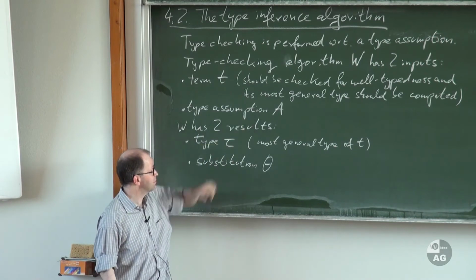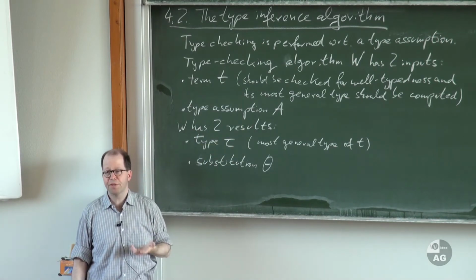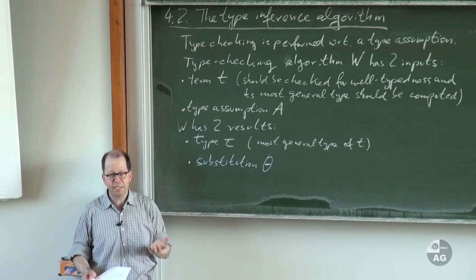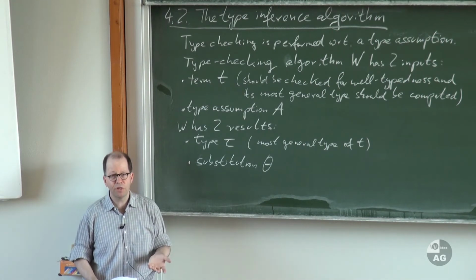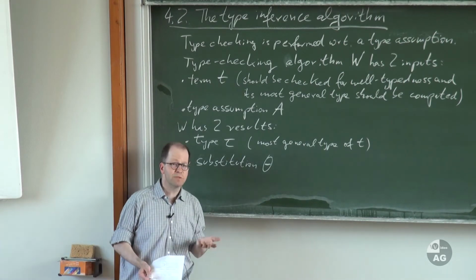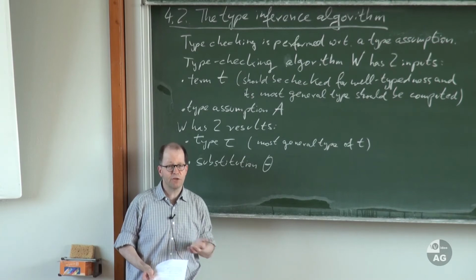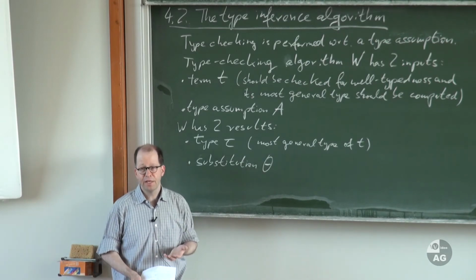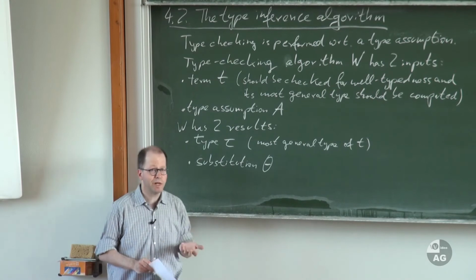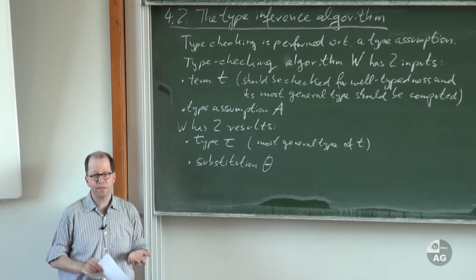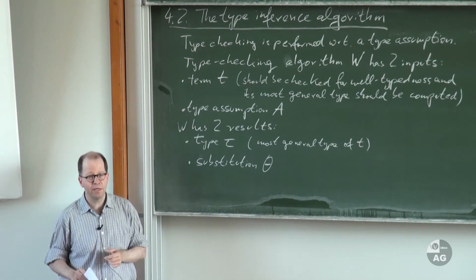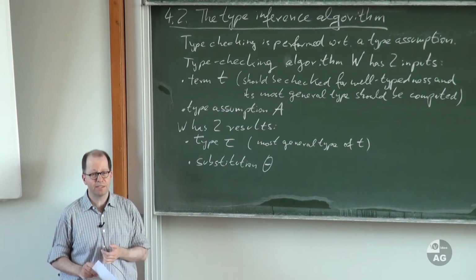So for example, in this type assumption, we might have the information that some variable x has type A. And it might turn out that your term is only well typed if x had not type A but type int. And that would mean that in order to make T well typed, we have to refine the current type assumption, x has type A, to the new type assumption, x has type int.